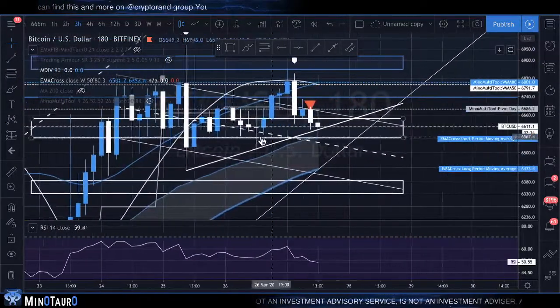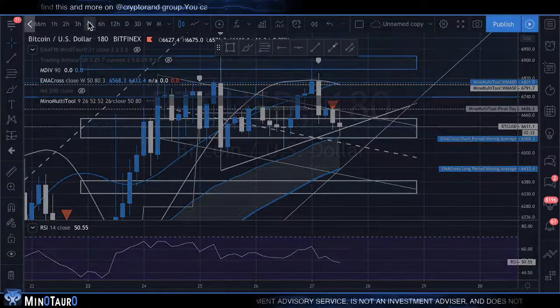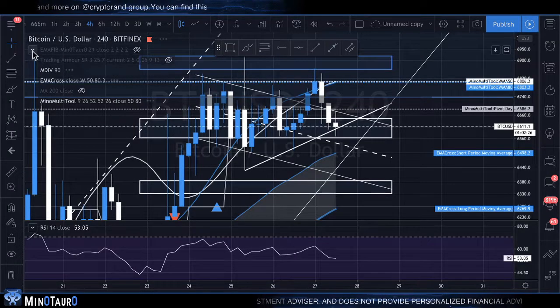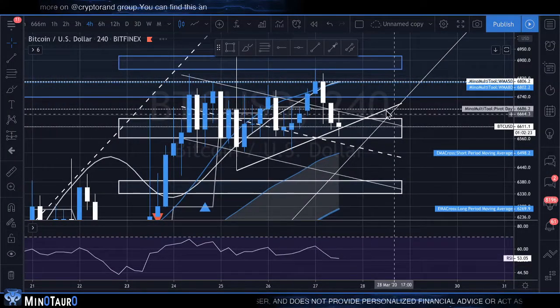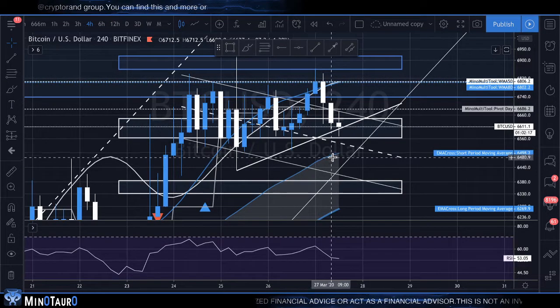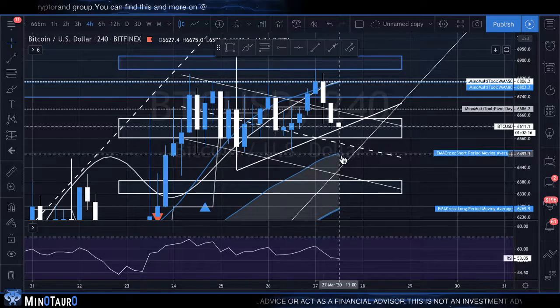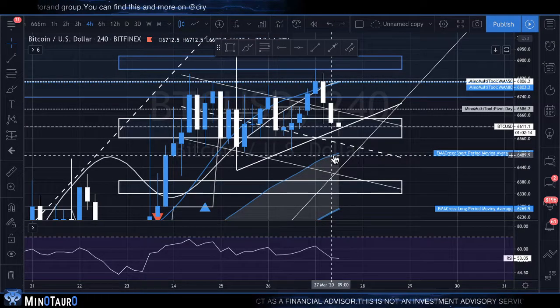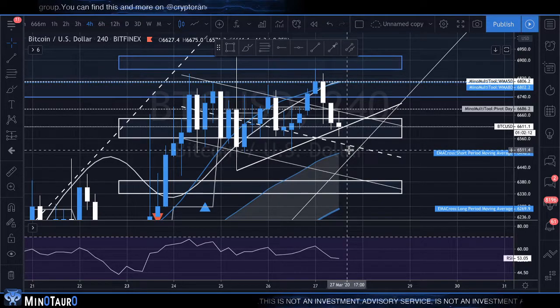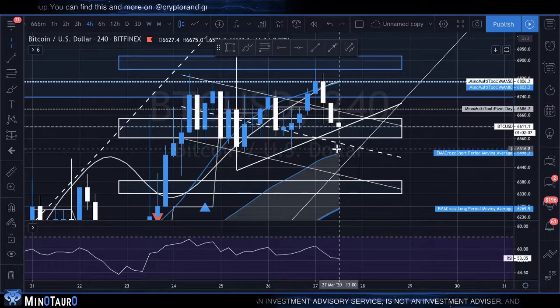Now in the 3 hour, even 4 hour, I think, watching with indicators, we have the strategy over us, so bearish, and the ribbon under us, which will come up a little bit, so probably going around here in the next hour.